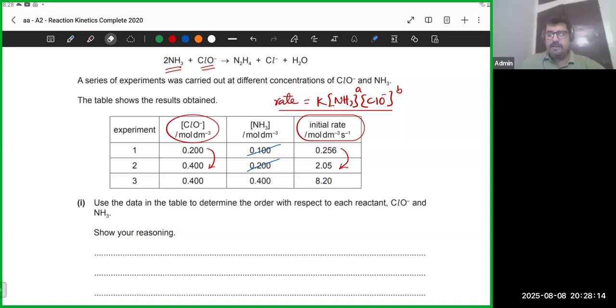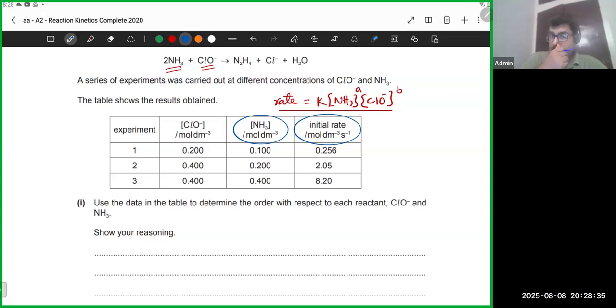So in this one, the trouble is that you can't figure out the ClO⁻ order because there's no experiment that directly tells you that. So what we'll do is we'll focus on ammonia then. Can we figure out what the order with respect to ammonia is? Can we figure out the relationship between ammonia and rate?